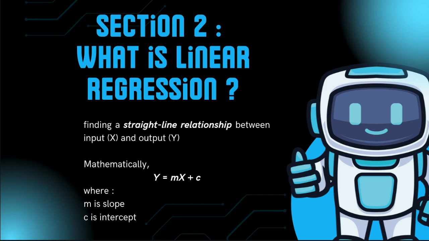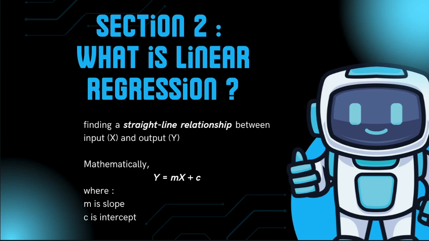Before writing code, let's understand the idea. Linear regression is all about finding a straight line relationship between input x and output y. For example, predicting a student's marks based on hours studied.